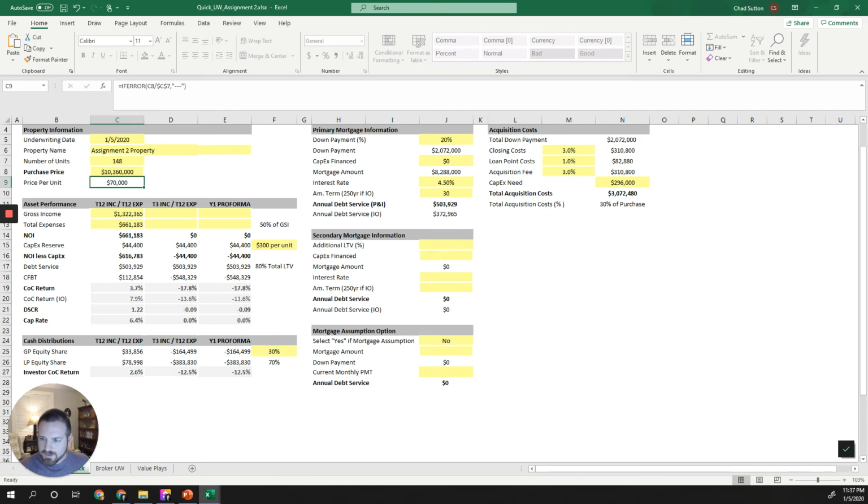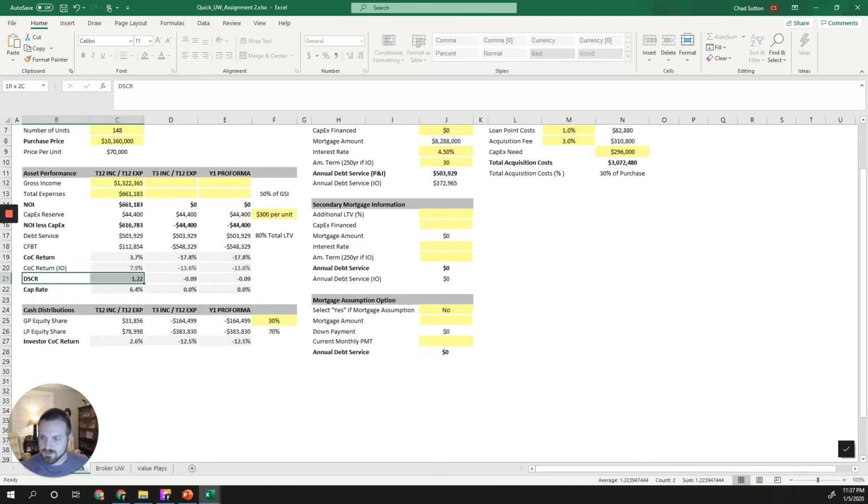It's getting a little better. It's still kind of skinny. If we look at it like this, we've got cash on cash return, 3.7% if I don't get interest only, 7.9% if I do. If I look at my debt service coverage ratio, it still doesn't quite make the mark, because remember, the lender is going to look at it with principal and interest payments, so I have to measure that based on this 3.7%.